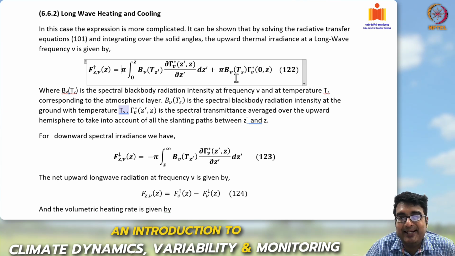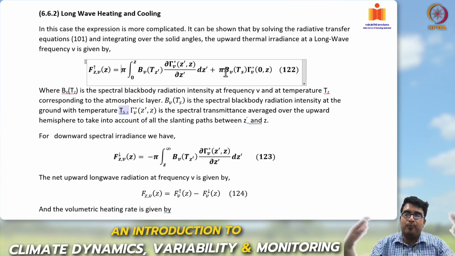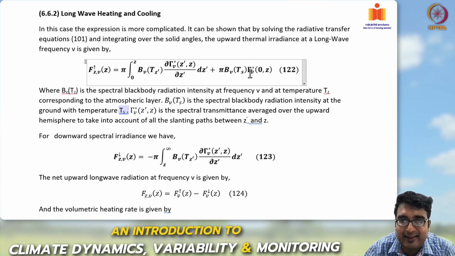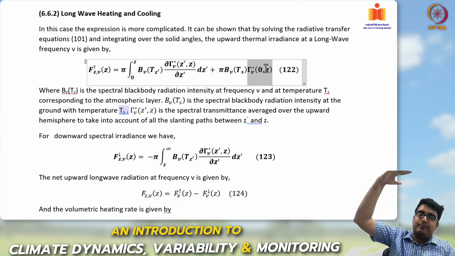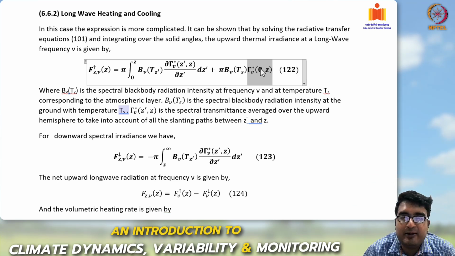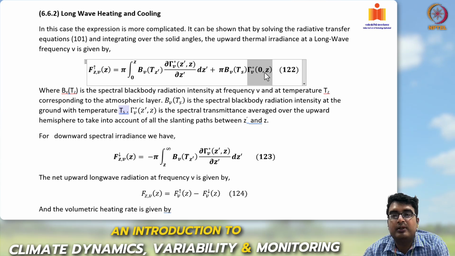And the second term is the black body radiation intensity at the ground. So B nu Ts into pi, which is the upward black body radiation flux density at the ground, and the transmittance between 0 and z. So this is basically how much of the surface black body radiation is reaching the altitude z. This is given by the transmittance function from 0 to z into the total black body radiation flux density, which is pi B nu Ts.